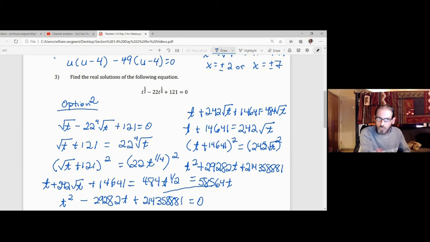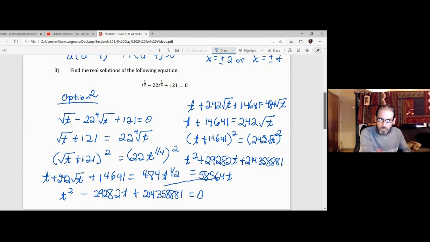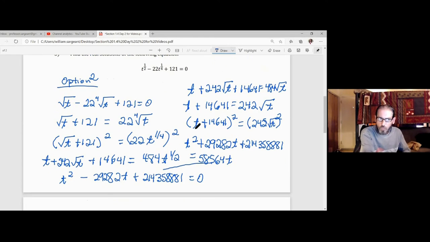Well, I'm seeing some of the same numbers that I saw earlier when I squared t plus 14,641. So this must be, because that was plus there and this is minus, t minus 14,641, that quantity squared. And take the square root of both sides.